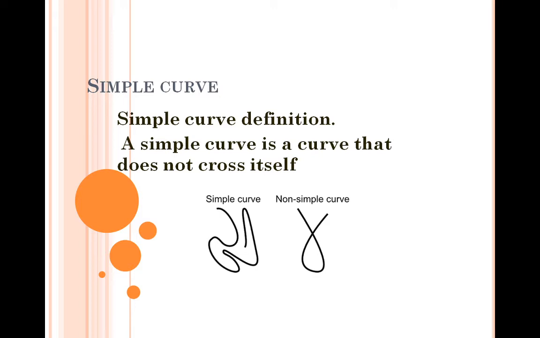From this diagram, we can understand that this is a simple curve which does not cross itself. You can see this, students, this line does not cross itself. But in this curve, this line crosses itself. So this curve is known as a non-simple curve.